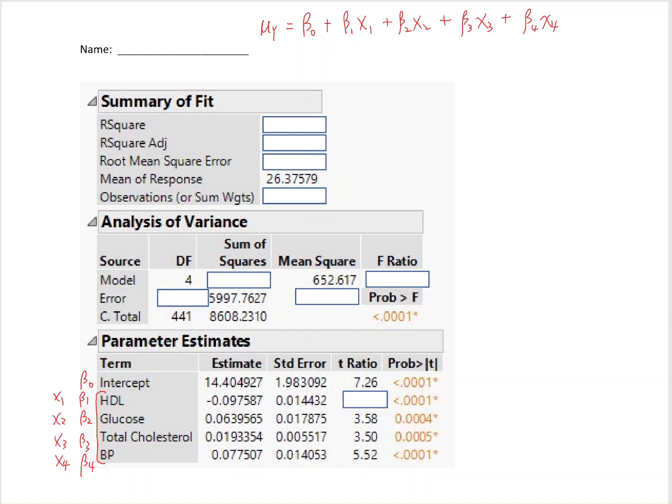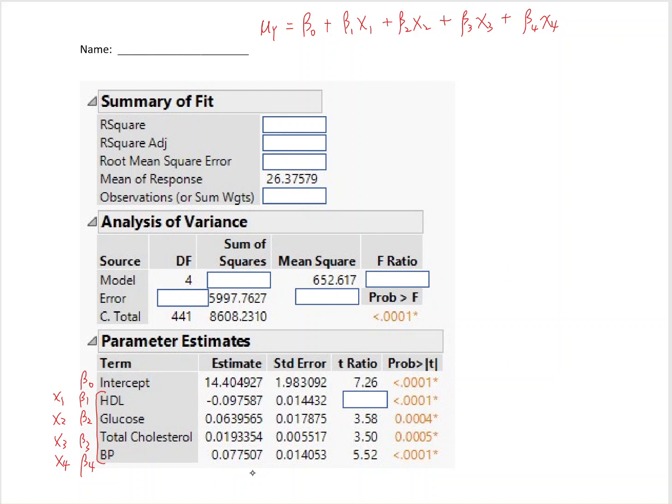So this is the population regression model. And then we can use these estimates to find the regression equation. We have 4 explanatory variables, so it is a multiple regression.